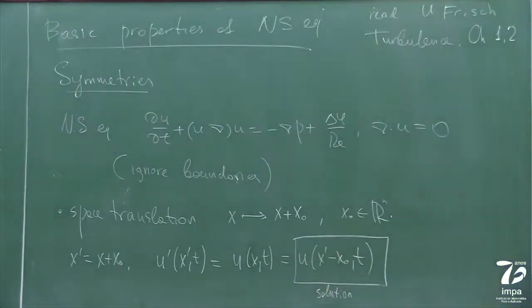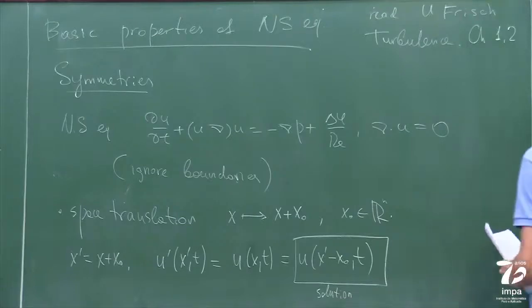The reason is that the equations of motion do not explicitly depend on coordinates. So any change of coordinates by adding a constant number will still give a solution.